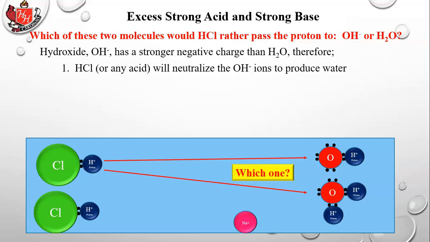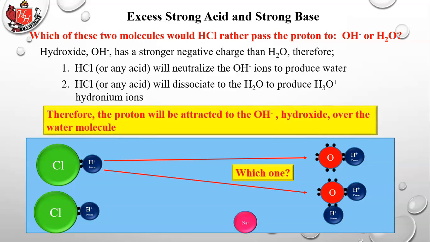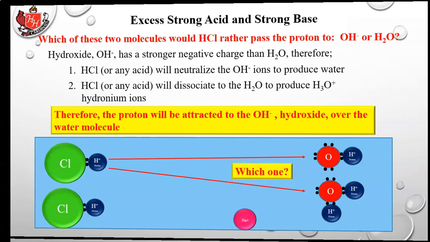So the first one is going to want to go to the hydroxide because it has a stronger negative charge. Second, HCl or any acid will dissociate to the H2O to produce H3O+ hydronium ions. So its first choice is the hydroxide ion. Its second choice is the water molecule. So therefore, the proton will be attracted to the hydroxide over the water molecule, at least the first one.